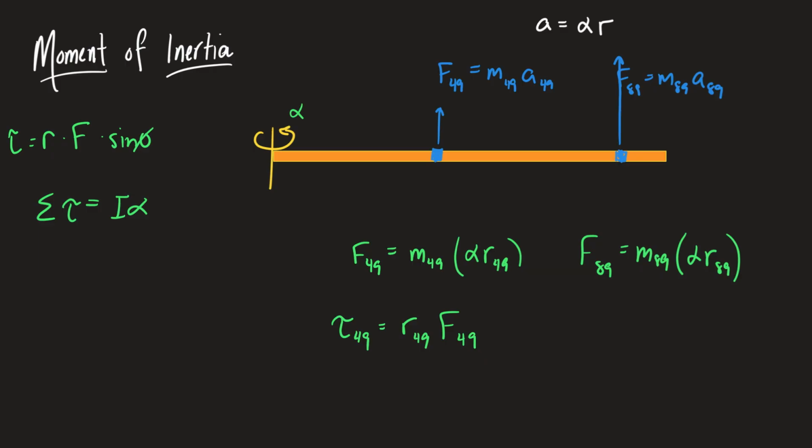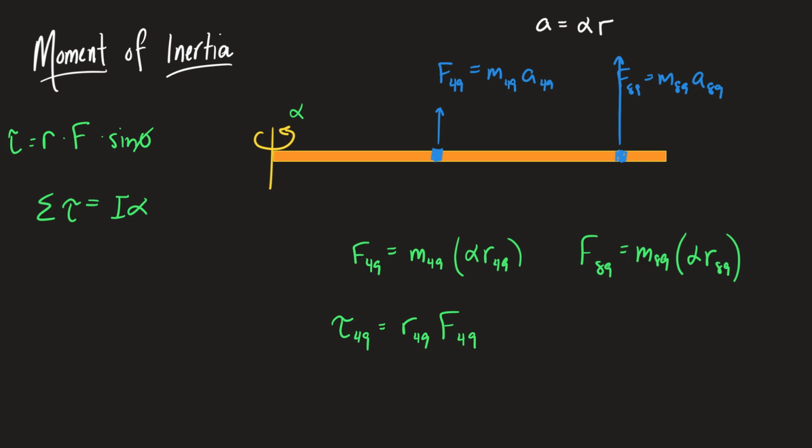Each piece of this meter stick gets a small amount of torque, but the total torque required for the meter stick to rotate would be the sum of all those individual torques. If this represents all the individual forces acting on each individual mass, then I could sum up all the torques, and that would give me the total torque necessary to rotate the meter stick.